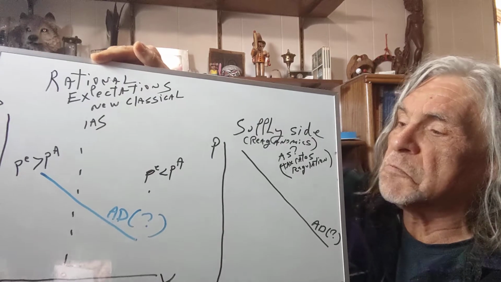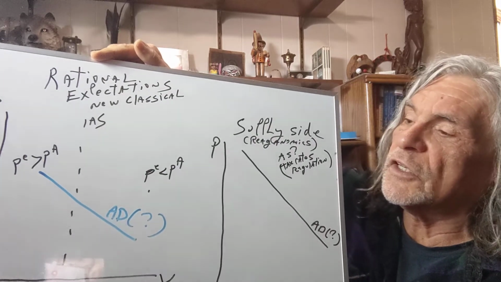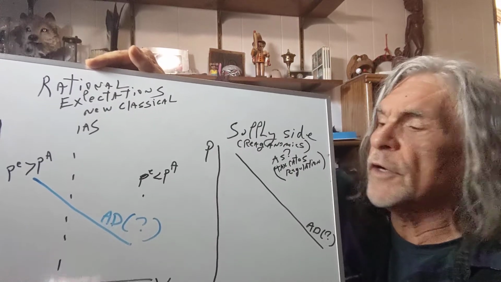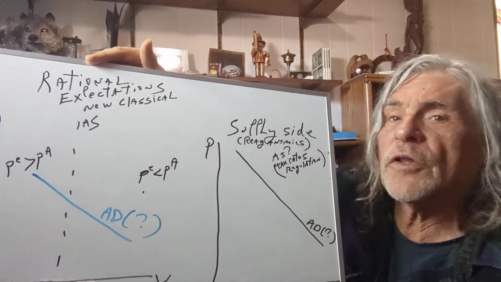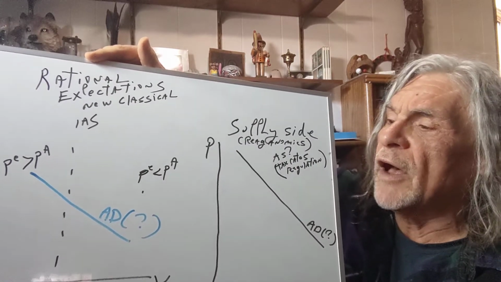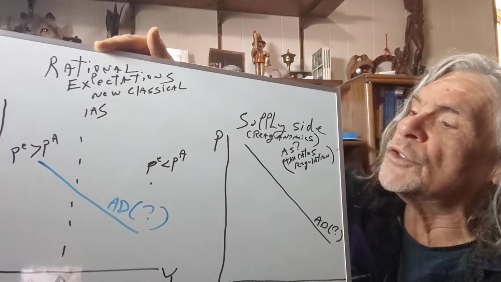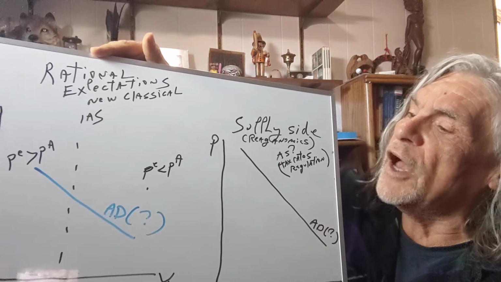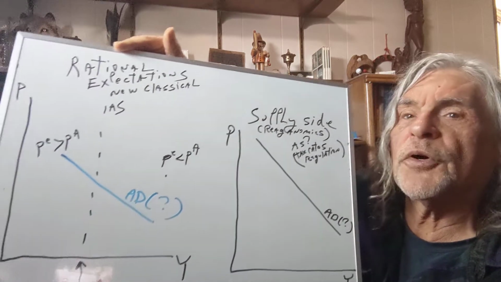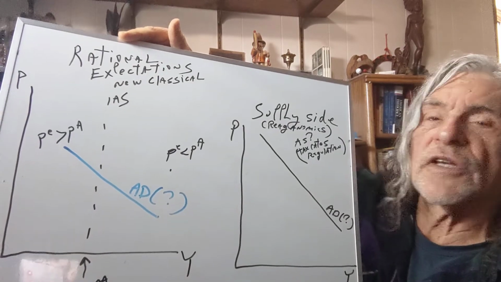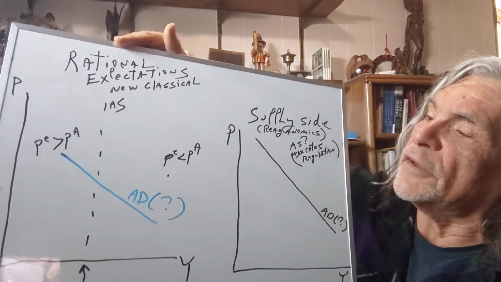In other words, a rational expectations economist could essentially agree with the classical view there, the Keynesian view, or the monetarist view. Now, on the whole, they tend more to agree with the monetarist view than anything else. But we're going to put a question mark there by variables that affect aggregate demand.